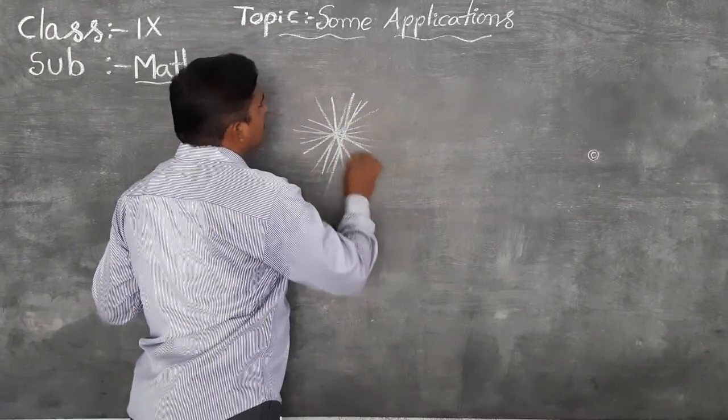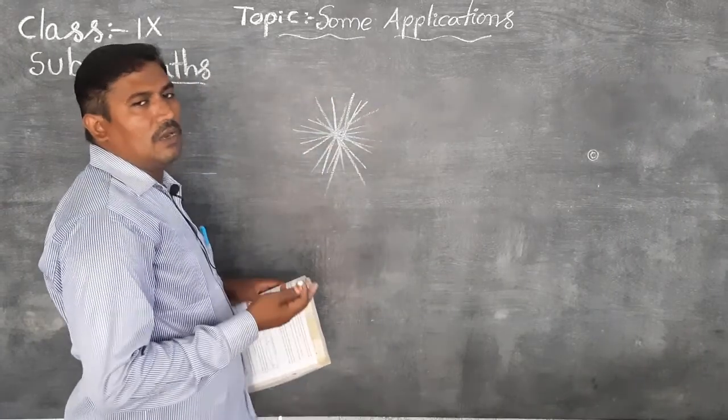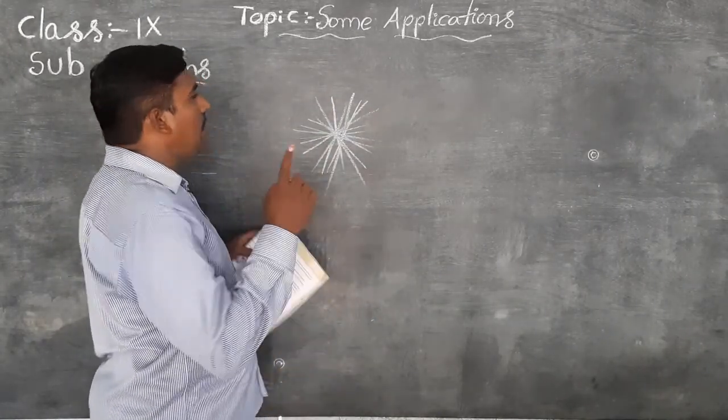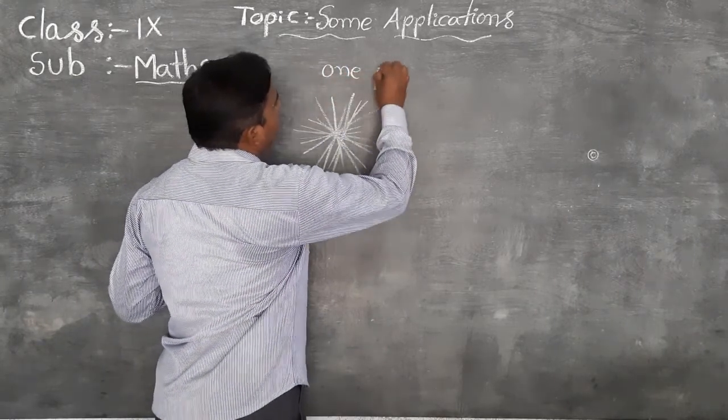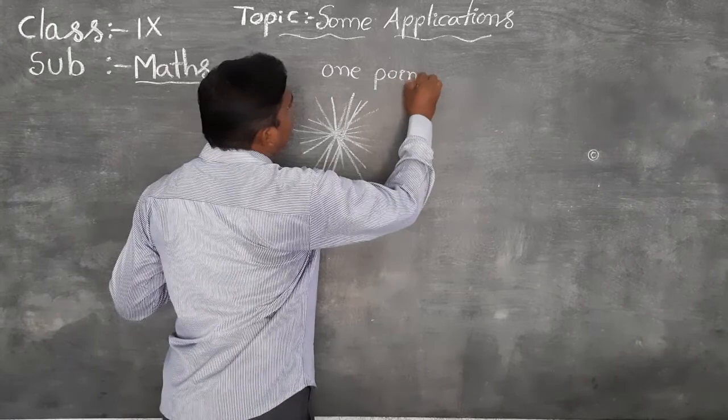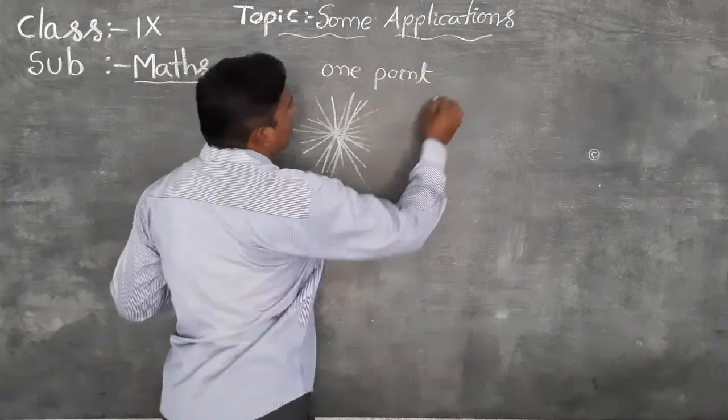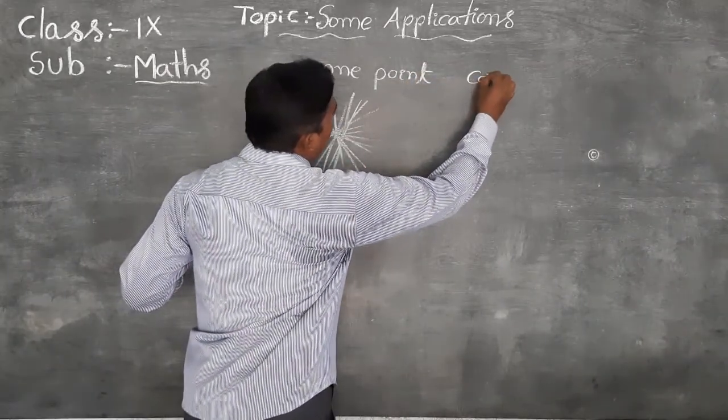It is not possible to count. Through one point, infinite lines are possible, which means we can't say how many.